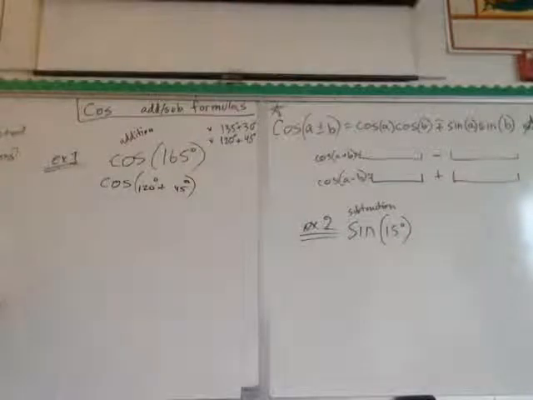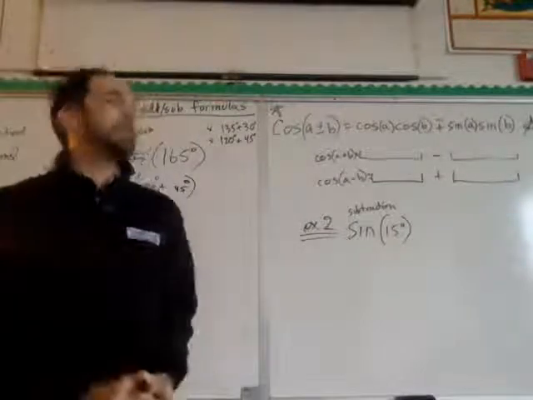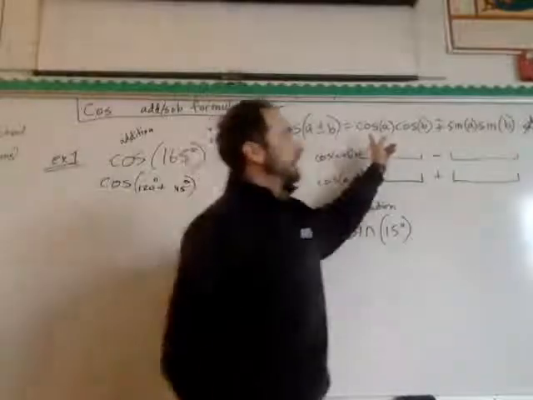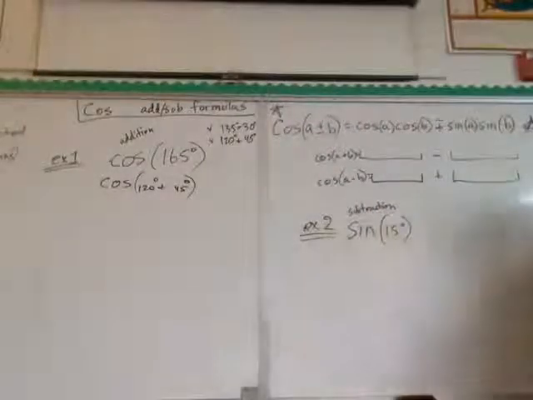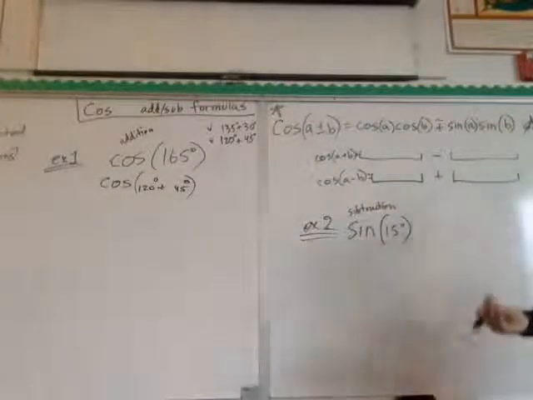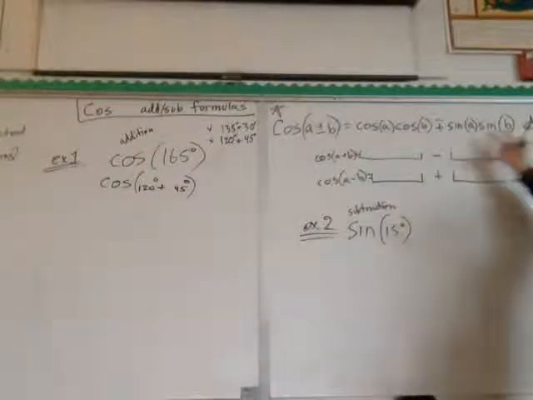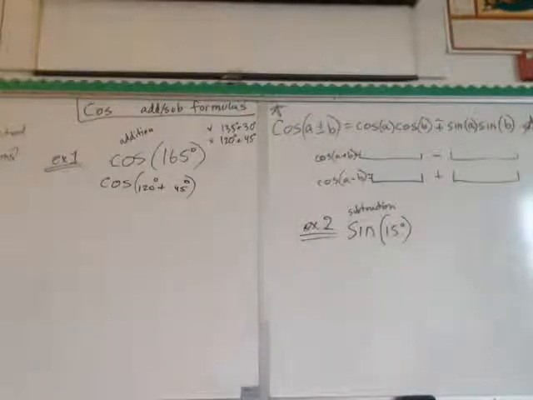Now let's look and actually see. Compared to the sine add subtract formula, what's the one key difference with the cosine? Is there anything noticeable that's definitely different?